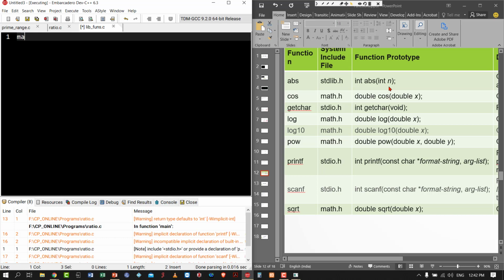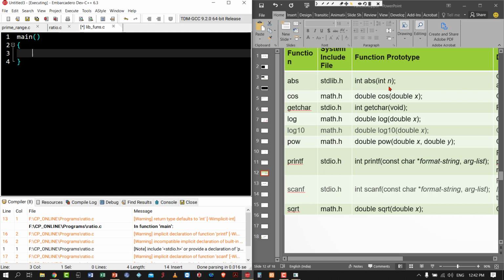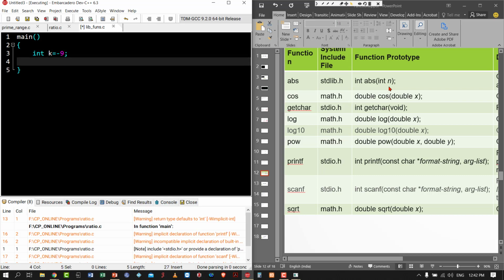So I will write the example. main, int k equal to -9, printf, %d, comma abs of k. Here I just need to call the function.